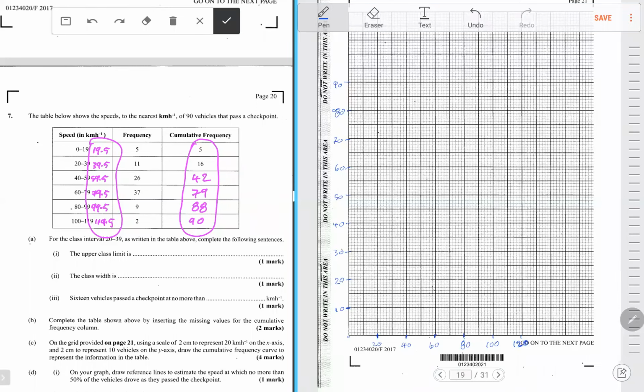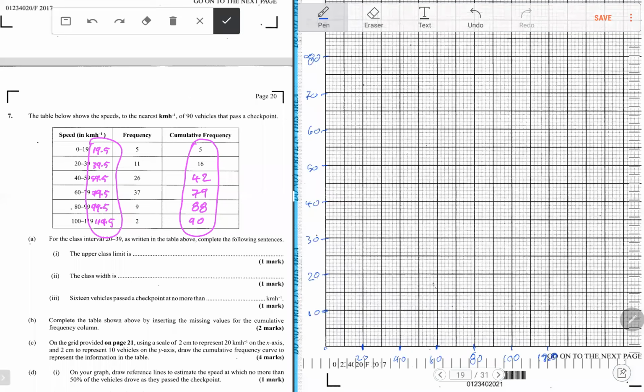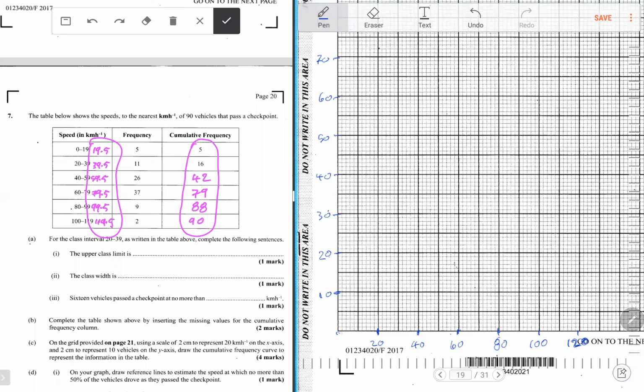So the first one is 19.5, which is just before the 20. Let's get the scale right. Each mark is 2, so it's 2, 4, 6, 8, 10, 12, 14, 16, 18, 20.